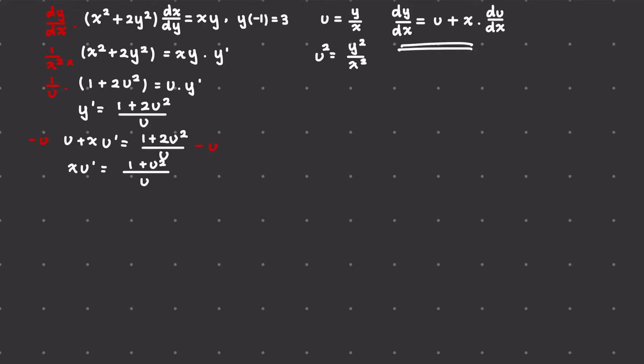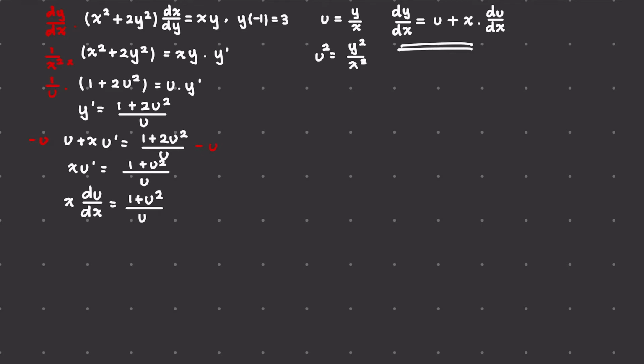And so from here on, we can just do the separable method. Okay, let's also break up this u prime into du over dx, so it will be more clear as a separable method, x du over dx equals 1 plus u squared over u.